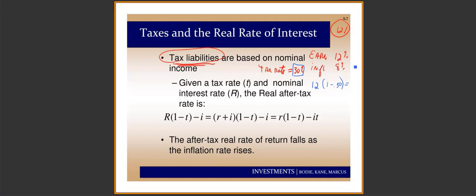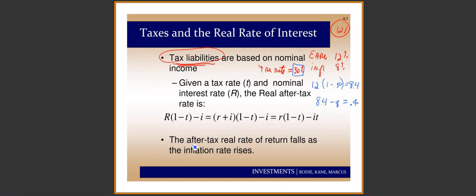So of the 12% that we earn for the partnership, we get to keep 8.4%. Well, gosh, if inflation is 8% and we get to keep 8.4%, then after taxes and after adjusting for inflation, we have less than a 0.5% rate of return. We had a 0.4% return, didn't we?